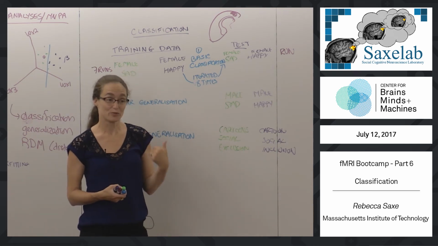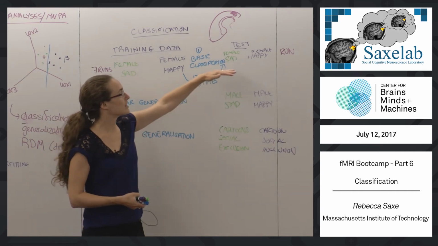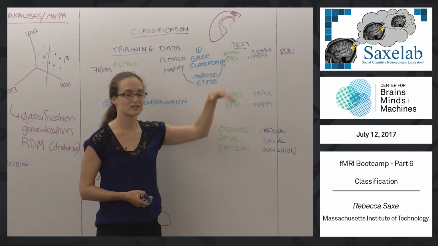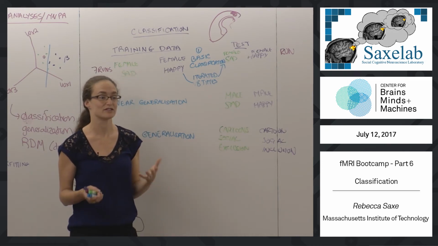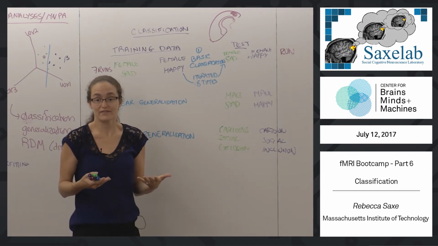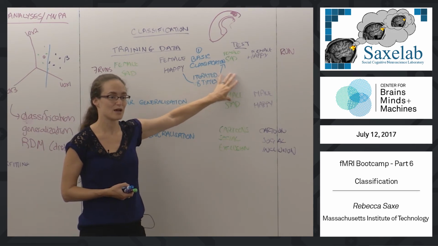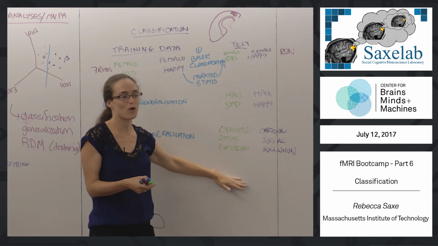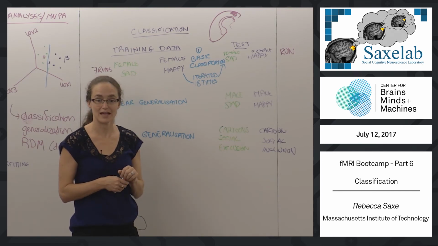And so what I think is super cool about these data is that we found regions where we could classify in the faces, but we couldn't generalize to the cartoons, and other regions where we could classify in the faces and generalize to the cartoons. So to me, that pattern of results feels really cool in suggesting that we've been able to pick up on two kinds of information, both relevant to distinguishing sad and happy faces, but one of which is more about facial configuration, and one of which is more general to any information that's relevant for figuring out whether someone is sad or happy.